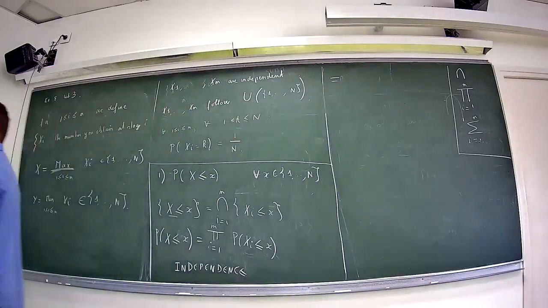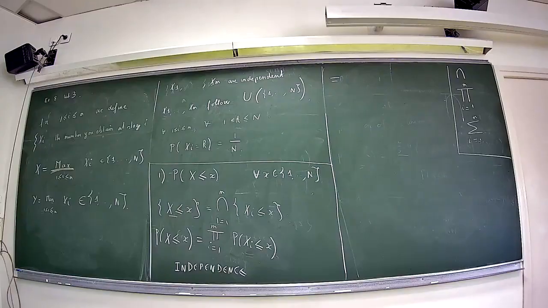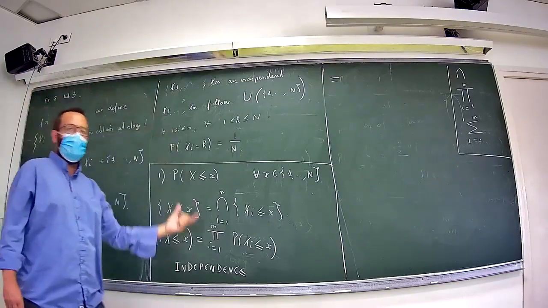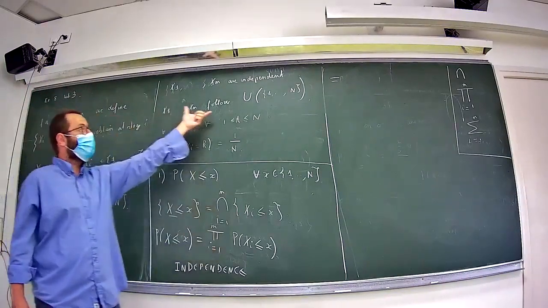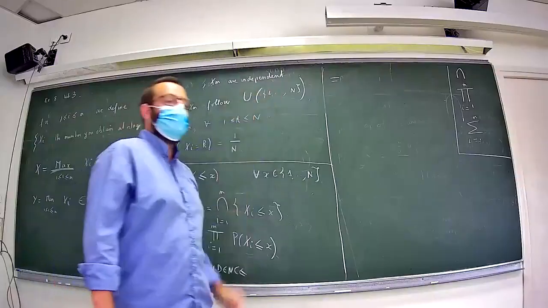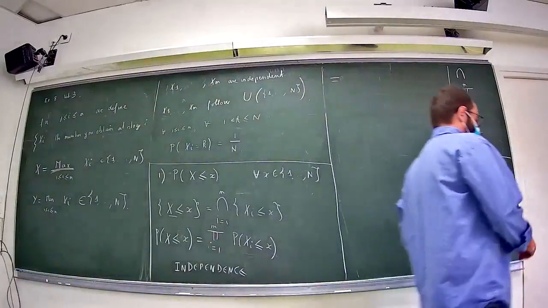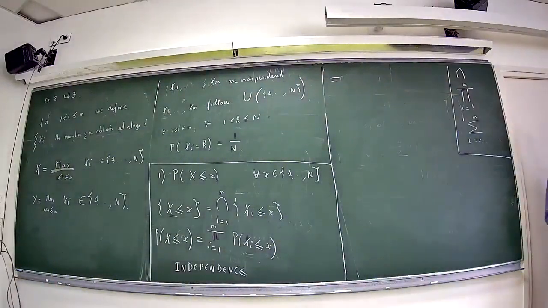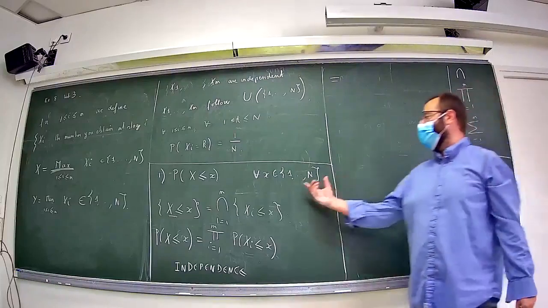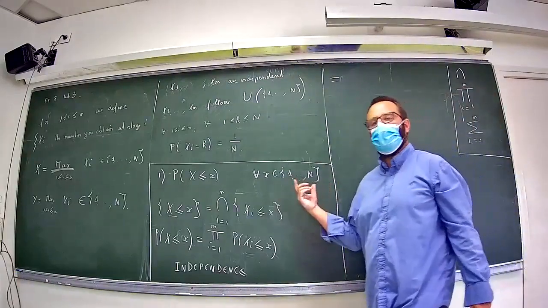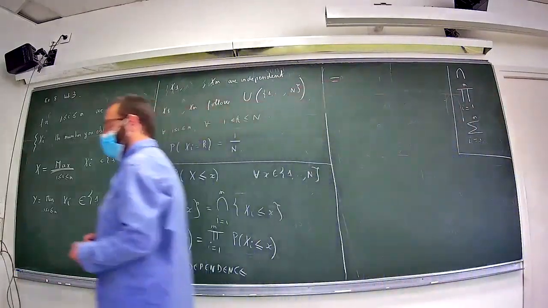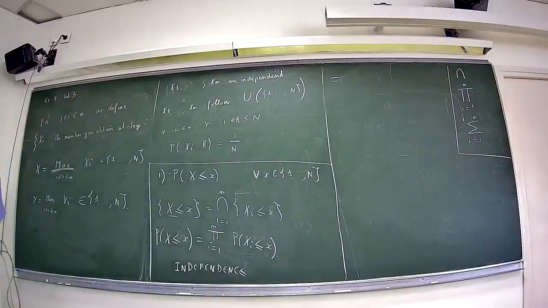So what is the probability that xi is less than small x?